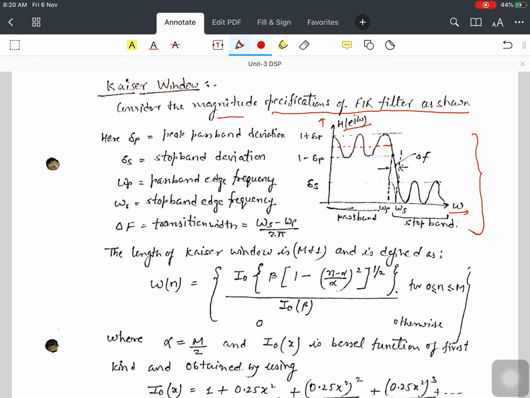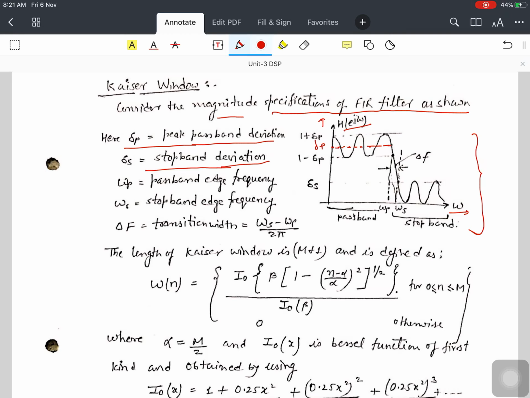So you can check over here, that is del P, where del P is the peak passband deviation, and del S is the stopband deviation. How are del P and del S coming? Just draw a line parallel to the x axis.